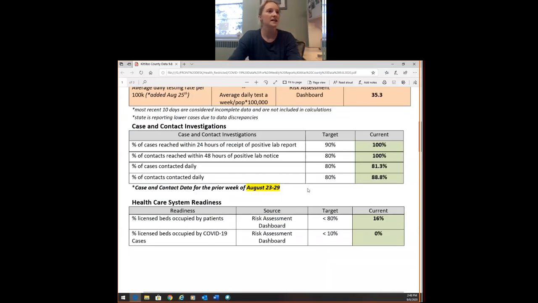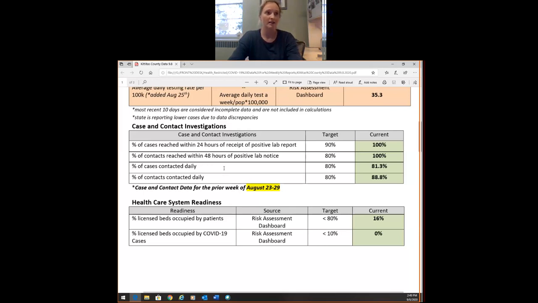Another piece of data that I'm going to share with you that we have to collect is our case and contact investigations. We keep track of if our cases are reached within 24 hours, and if the contacts were reached within 48 hours of a positive lab report. And then everyone knows by now that we have to call cases and contacts daily during their isolation and quarantine period.